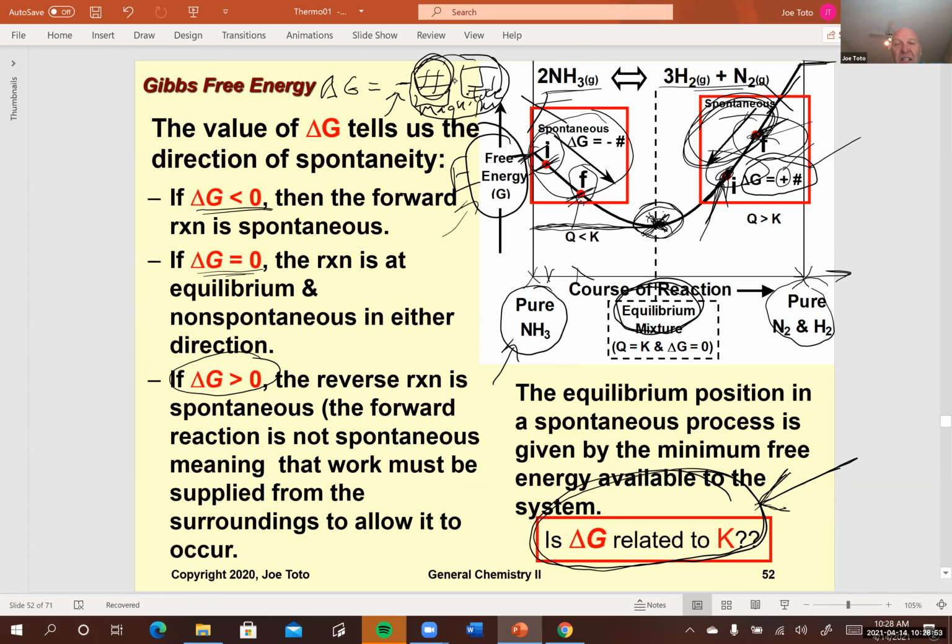If I start here and go down to the equilibrium, then delta G is going to be this magnitude. But if I start from here, all products, and go to equilibrium, then the delta G is going to be this magnitude.